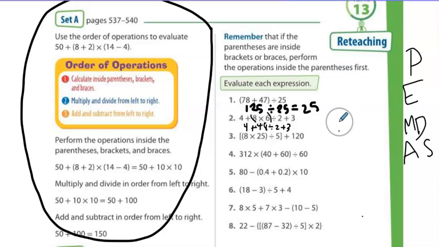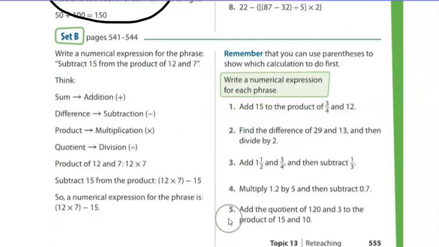So 48 divided by 2 gives me 24, and I still have my plus 3, and I still have my plus 4. And I'm just adding on this one. So I'm going to take my 24 and add in the 4 and the 3, which gives me an answer of 31. So this gives me a total of 31. So you're going to do numbers 3 through 8.